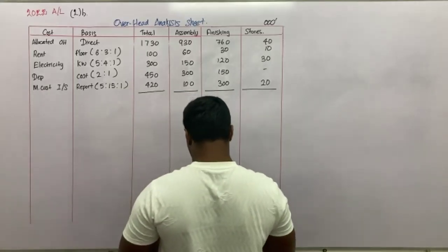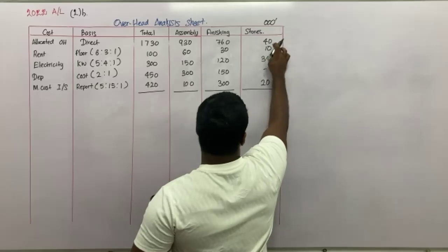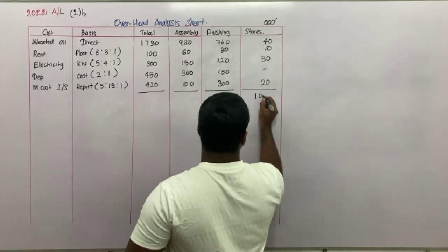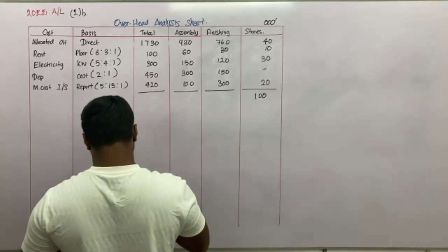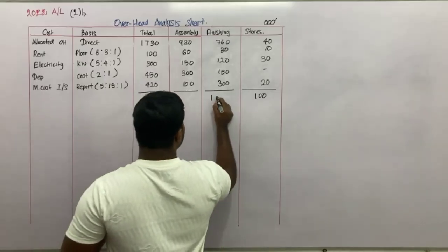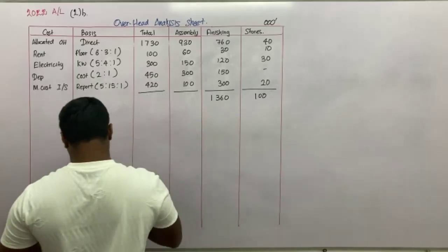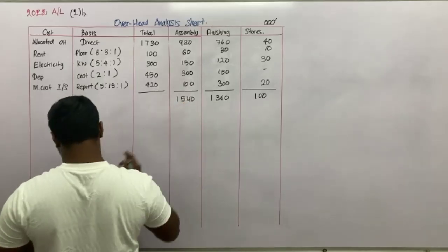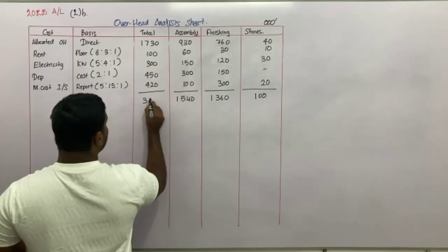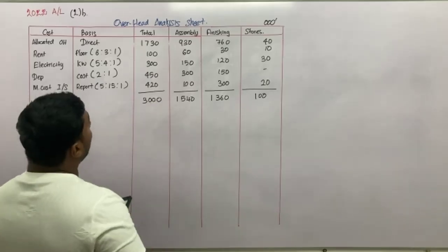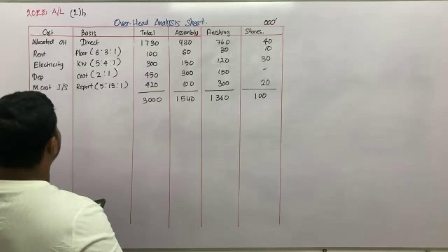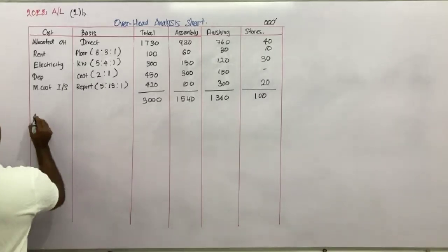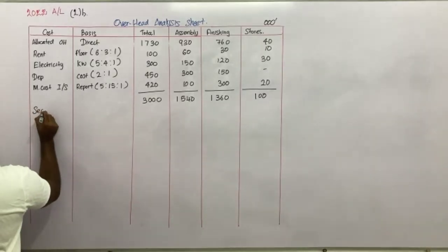Okay. 100. This will be 1360. This will be 1540 and 3000. Okay. So after that, what we have to do is secondary distribution.